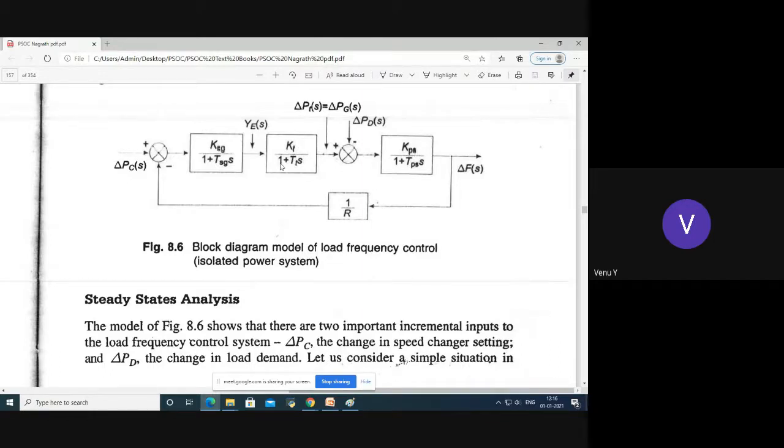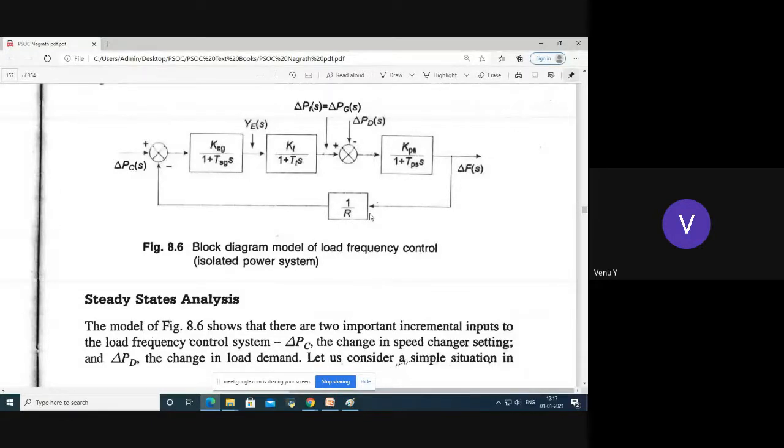Sometimes we can neglect them. Already in the last class we have seen that this is taken as 1. KSG and KT product can be taken as 1. So therefore it is simplified as 1 and G, this is H.